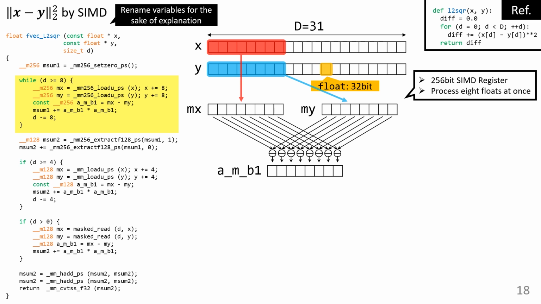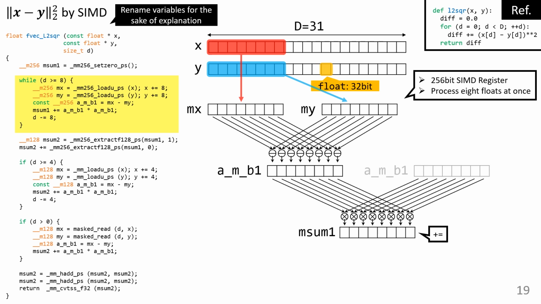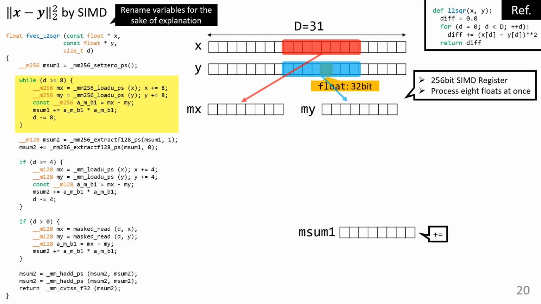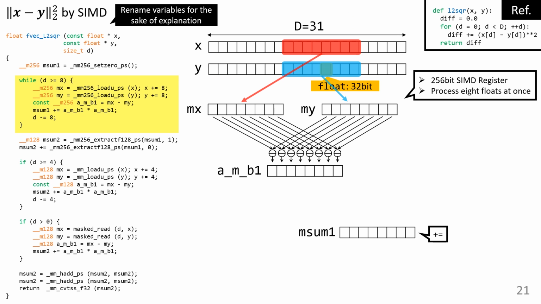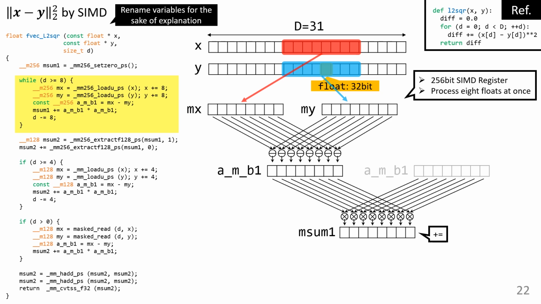So this operation is just one operation. Then they take a multiplication. So this means they compute a difference, right? Then stack that. Then let's iterate that. So next, the next 8 elements are read here and read here. Then in the same manner, they compute the difference, they compute the multiplication, and they plus-equal, so they sum them all.